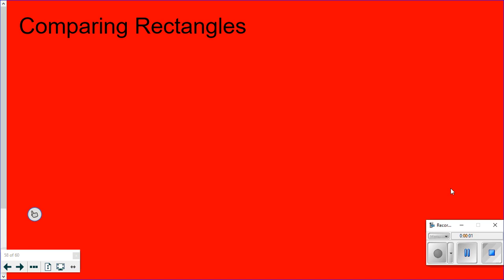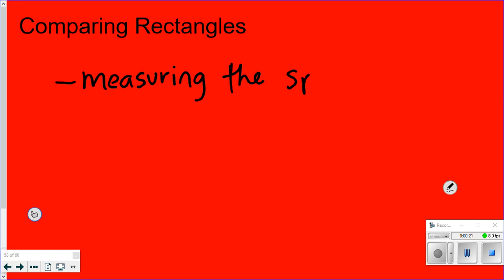Talking about rectangles. We have two ways to measure a rectangle in order to compare them. One way is by measuring the space on the inside.